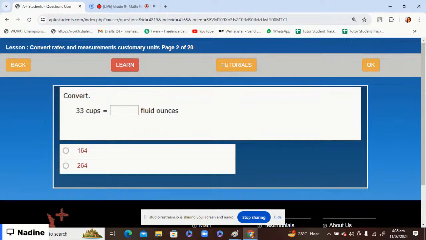33 cups, how many equals to fluid ounces? So it means there is 33, then you're going to multiply. If cups are given, then fluid ounces; if pounds to ounces, then you're multiplying with 16.